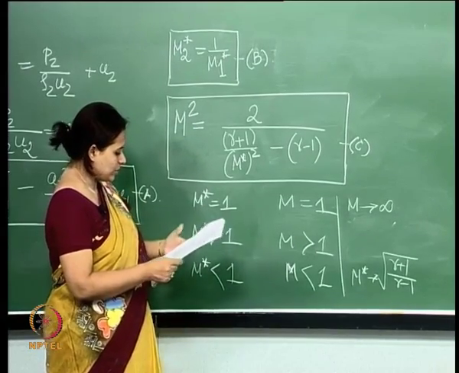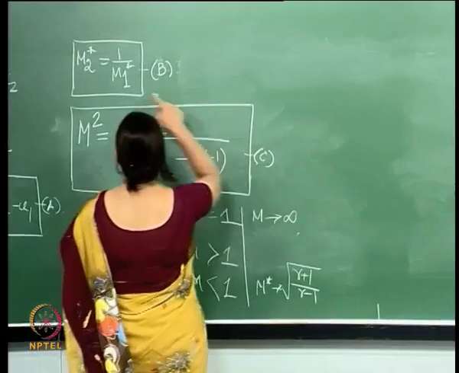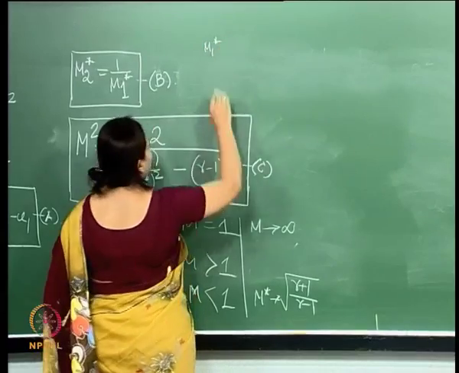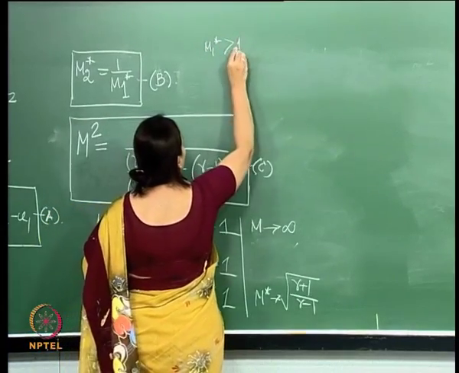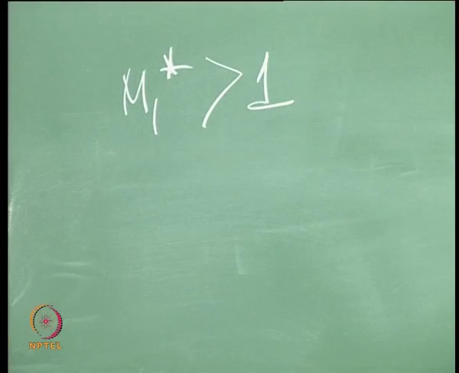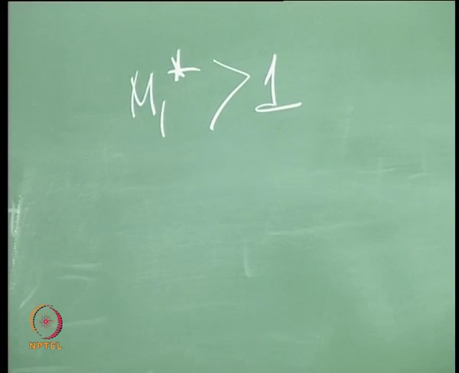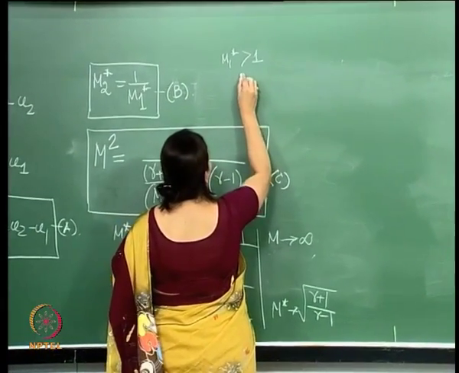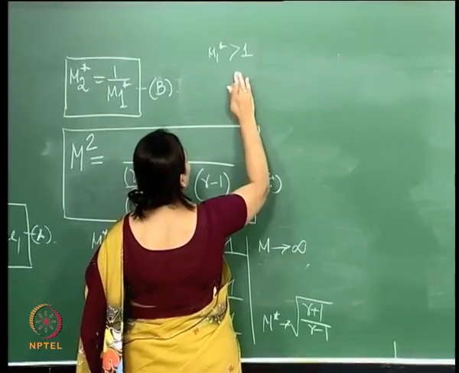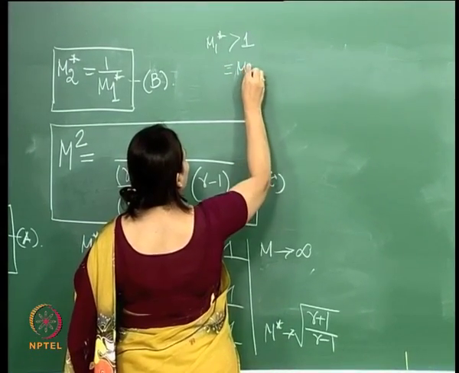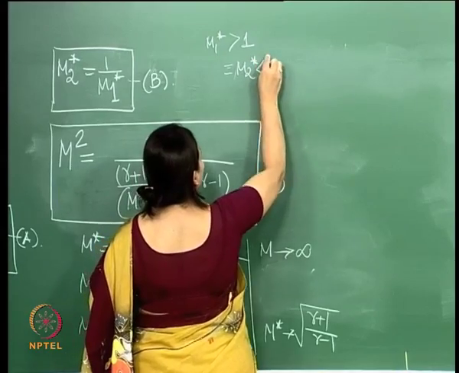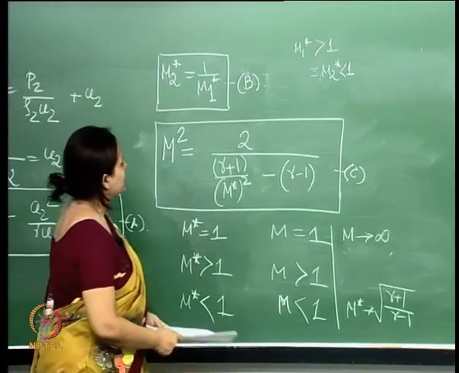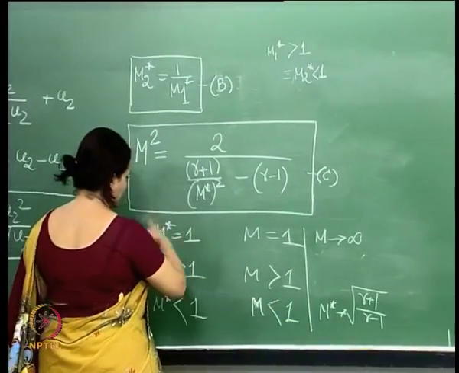Now, if m1 star is greater than 1, right, then what we get for m2 is that m2 star is less than 1. That we can infer from B, but what can we infer from this again?